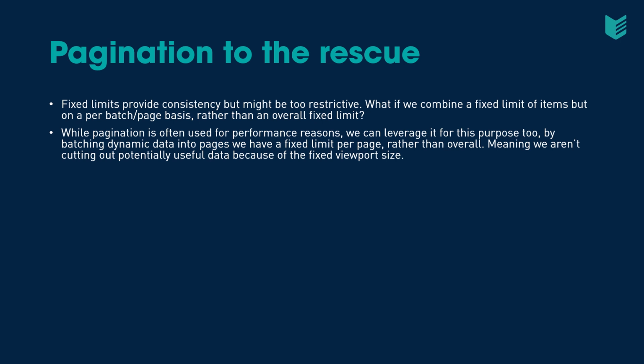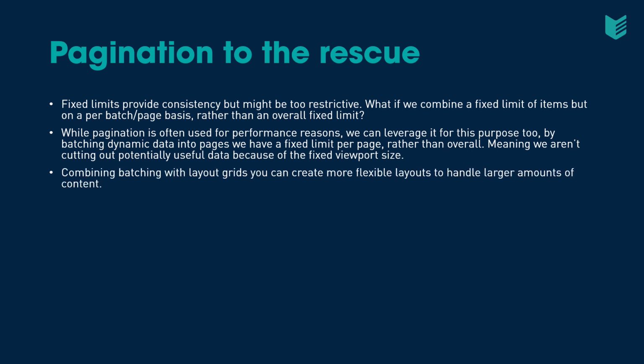We can potentially have multiple spaces that we then can display as and when. And by using pagination and modern web techniques with layout grids, this starts to allow us to build more flexible layouts to handle large amounts of data and content without restricting us.